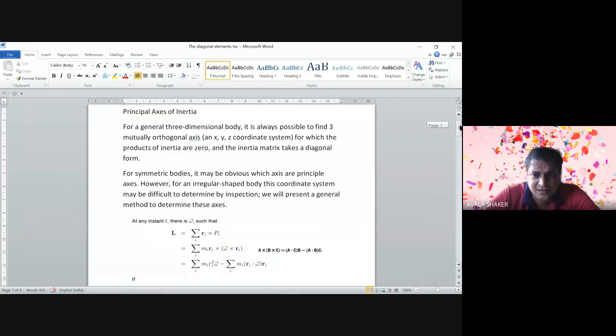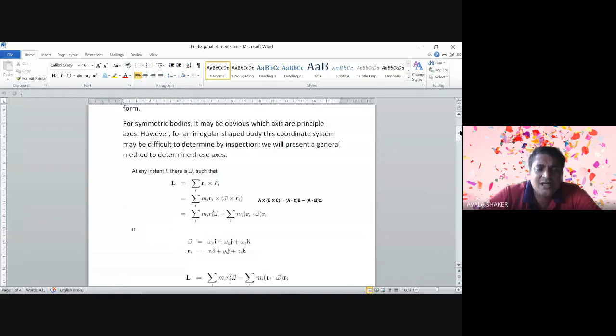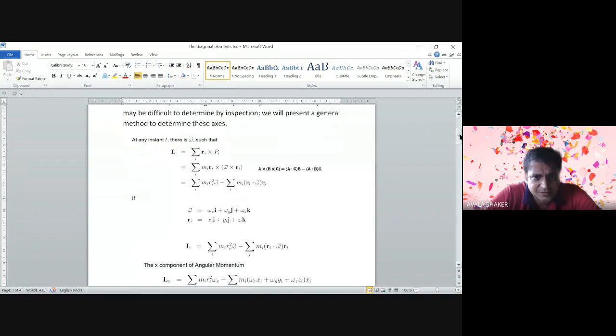So we will have a general method, okay, a general way of finding these principal axes and the moments of inertia and the directions. So let us start with what we know.